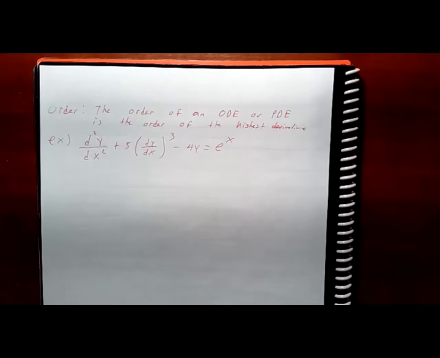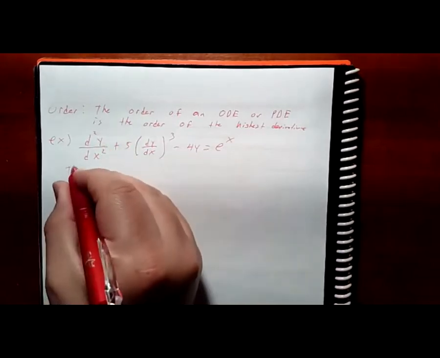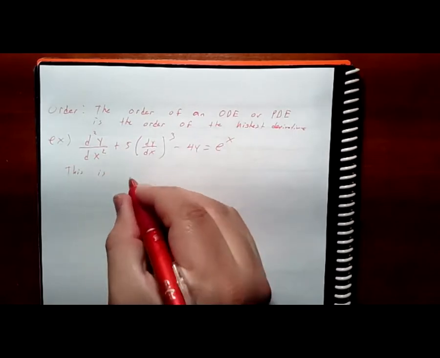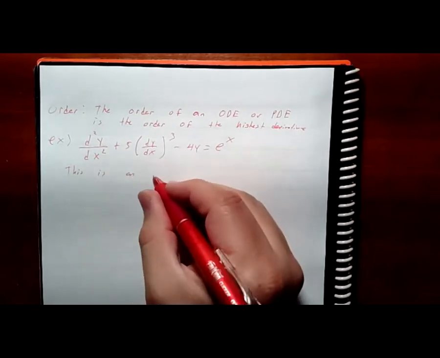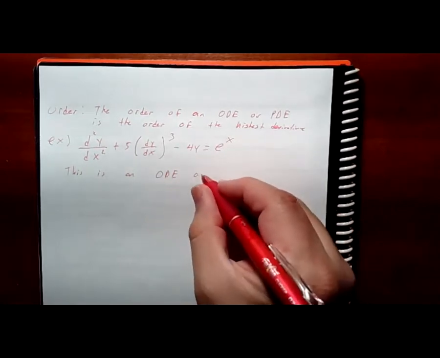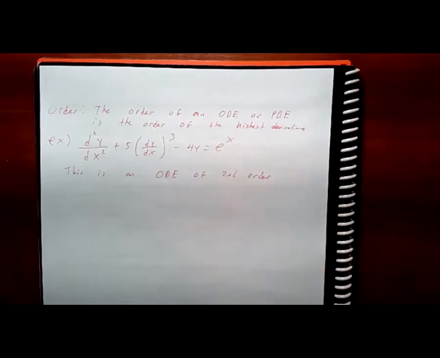Yeah, it's going to be 2 because it's the highest derivative. So let me write, second derivative. So this is an ODE, right? First of all, you got to make sure what type it is, of the second order.